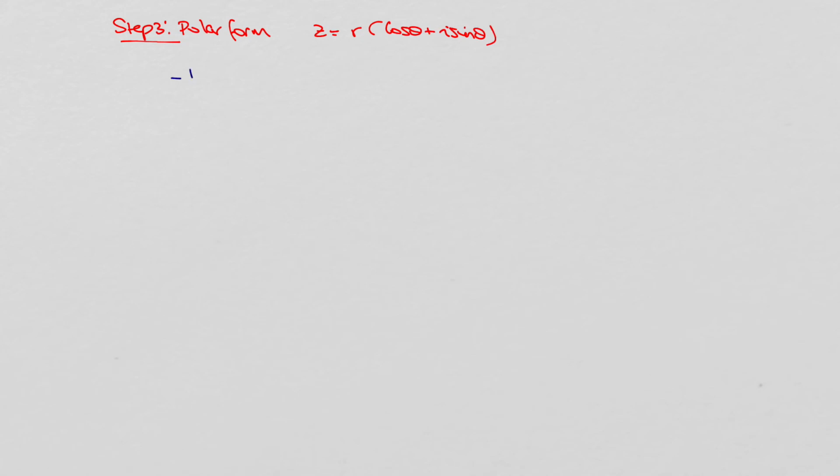So in other words, minus a half minus root 3 over 2 i in Cartesian form can now be written in polar form, where the modulus was 1 times cos 4 pi over 3 plus i sine 4 pi over 3.